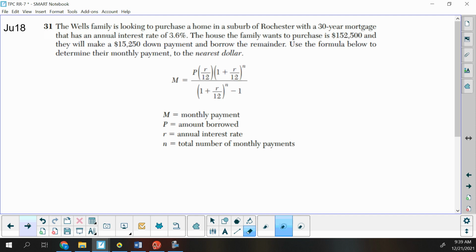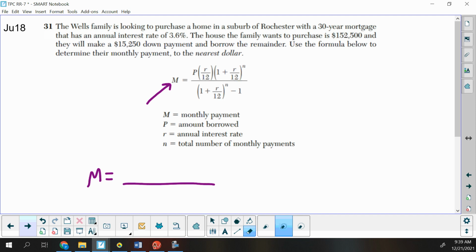Well, notice below we want to find the monthly payment. Monthly payment's just M. Notice that's already by itself. So really all we need to do is just fill in everything else, and that's going to tell us M. So don't freak out if you see some equation you don't recognize. They're just testing to see if you can fill everything in correctly.